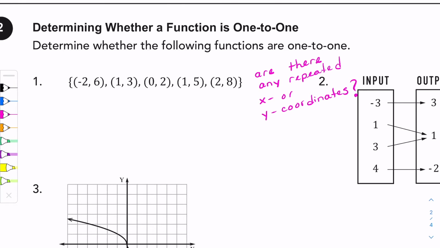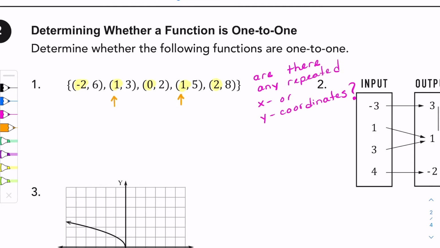For number 1, we have the domain or input values -2, 1, 0, 1, and 2. Right there, we have two repeated x values. So therefore, no, this is not one-to-one.